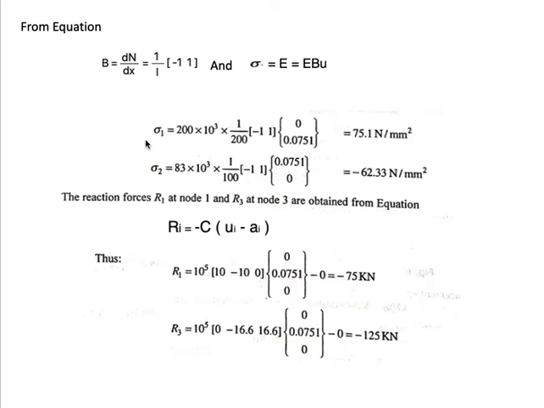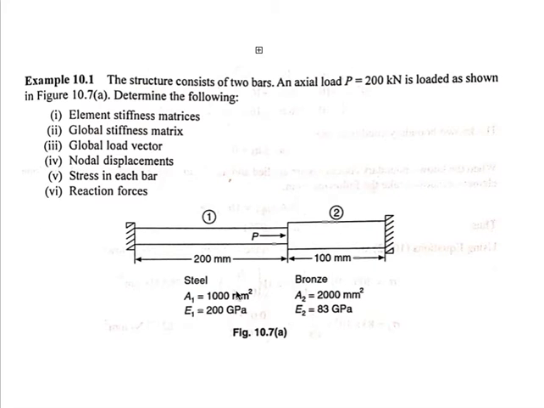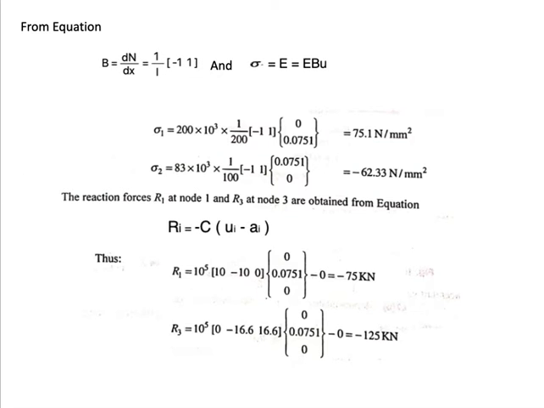So now sigma 1 equals 200 into 10 raised to 3 dN by dx, right? Here we have 200 into 10 raised to 3, 1 divided by the length of that element, and the matrix of minus 1 and 1, and here u1 and u2 because element 1 has nodes 1 and 2.